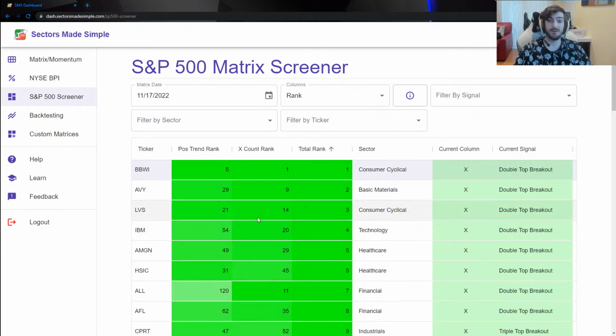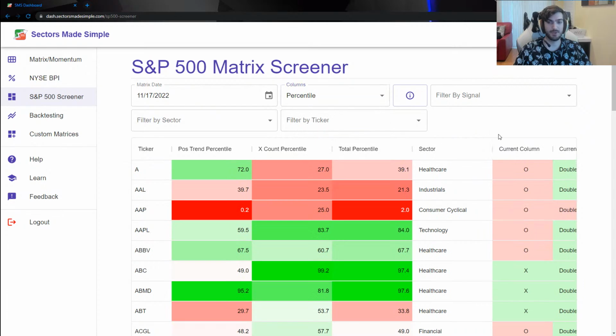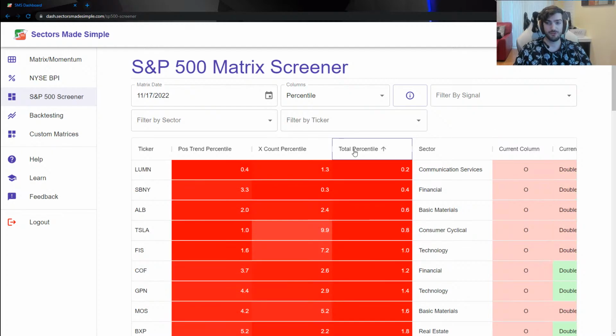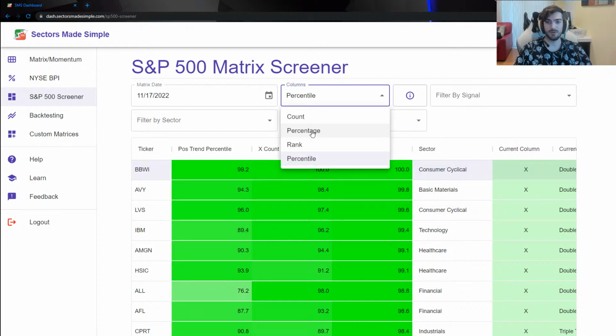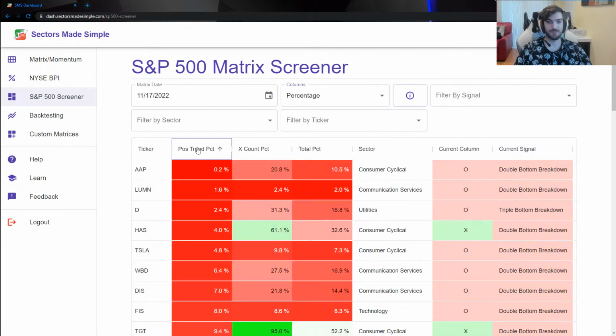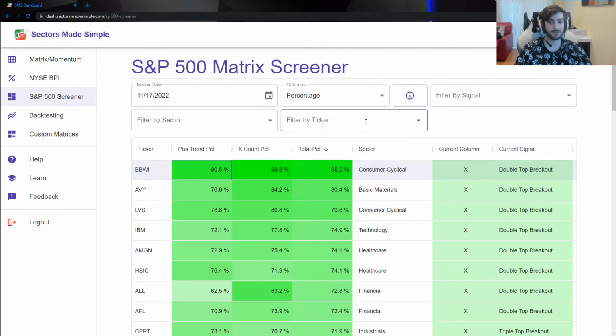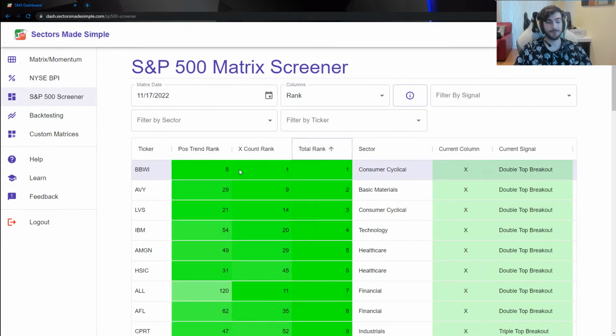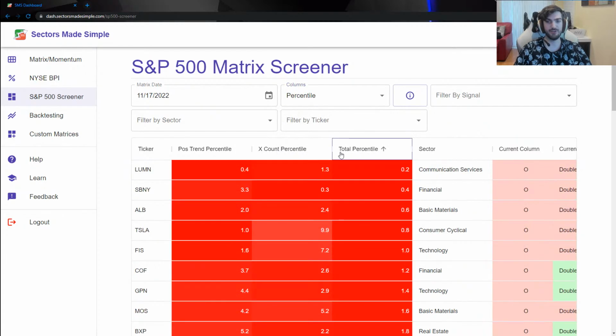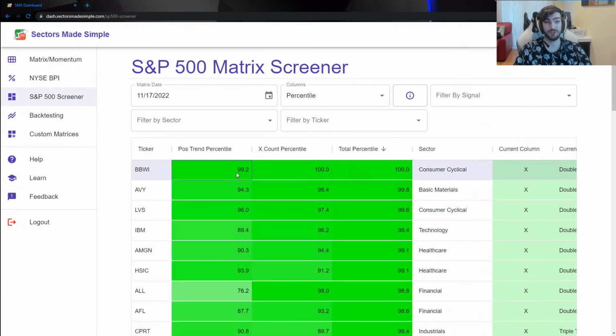And then finally, we have percentile, which takes the rank and says, what percent of other companies are you beating? So something that is 100% is beating 100% of the other companies. So in this case, we know BBWI, even though their percentage for positive trend is only 90.6, they are ranked 5th for positive trend, which turns into 99.2 percentile.